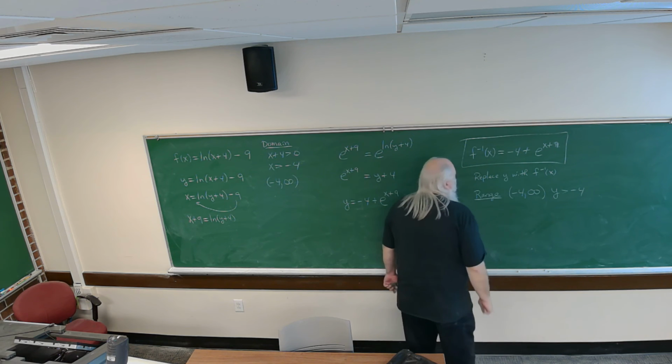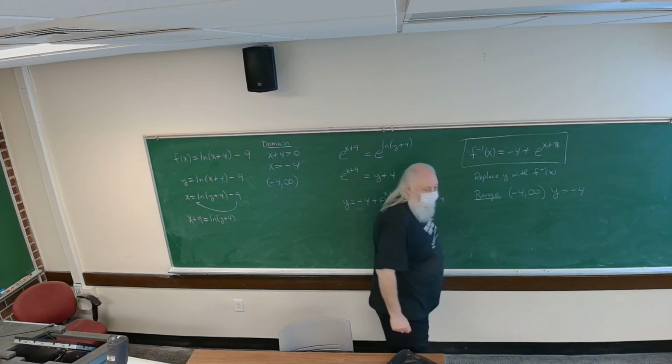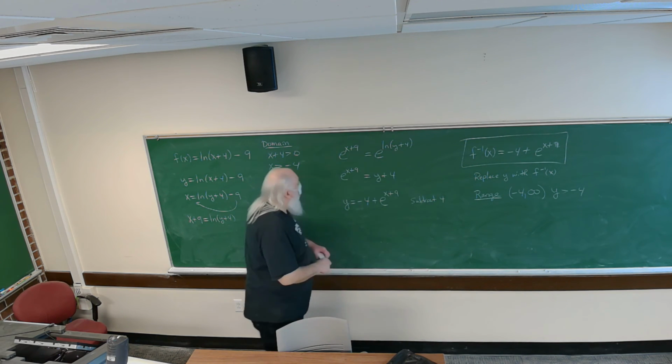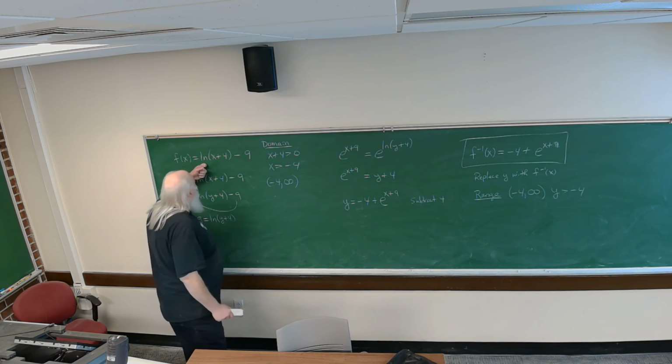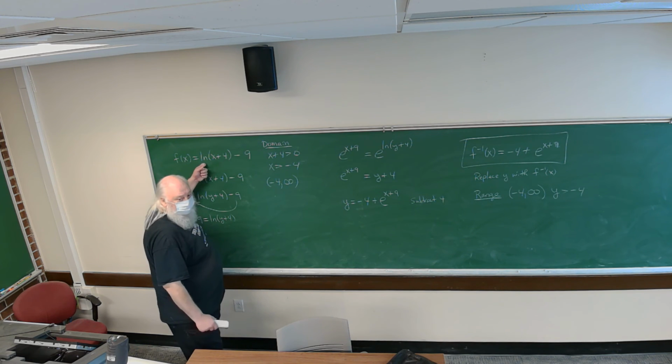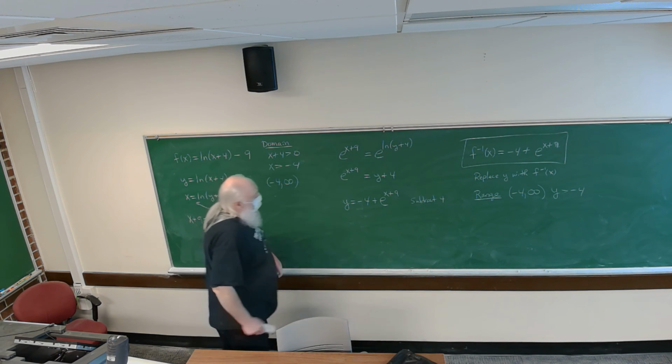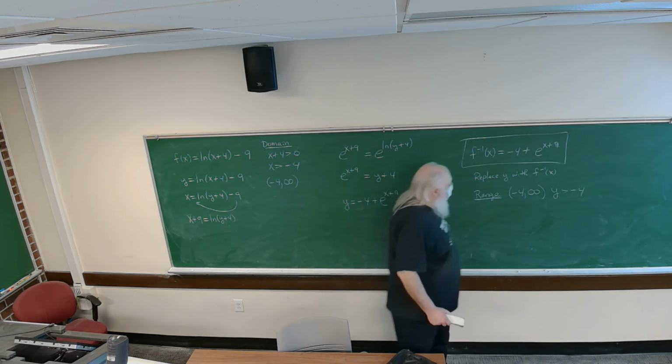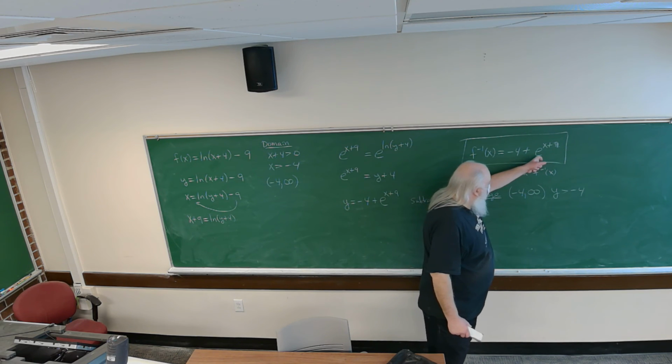Okay. Now the domain, you can rationalize it one of two ways. The range for the natural log function is minus infinity to plus infinity, if you remember the graph of a natural log function. And the domain for the natural exponential function is minus infinity to infinity.